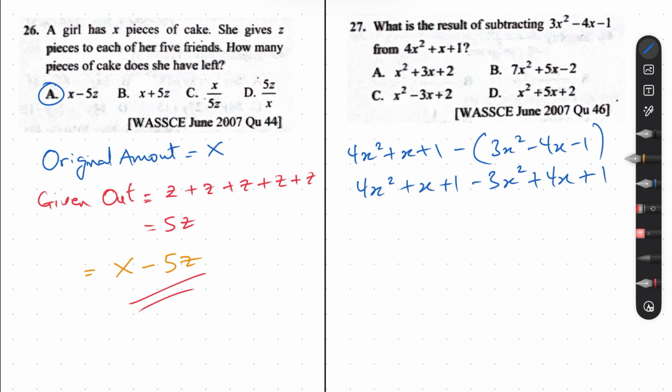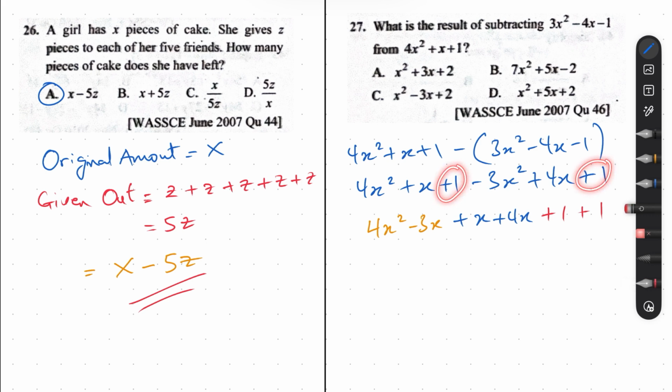We have 4x squared minus 3x squared, then plus x plus 4x, and finally plus 1 plus 1.